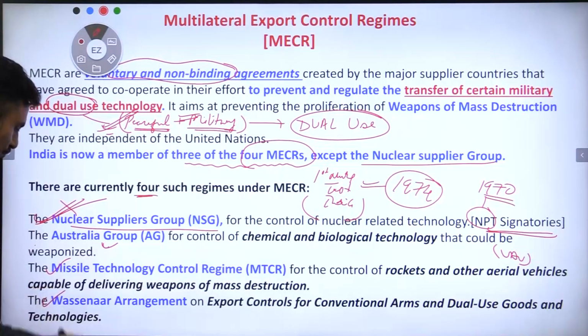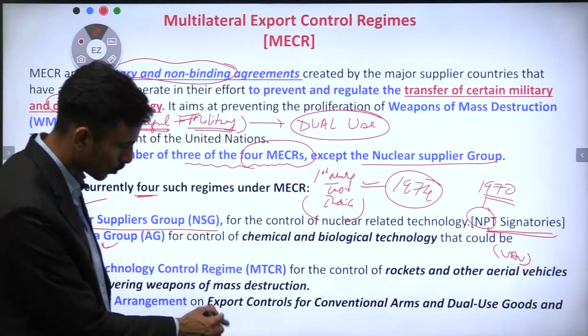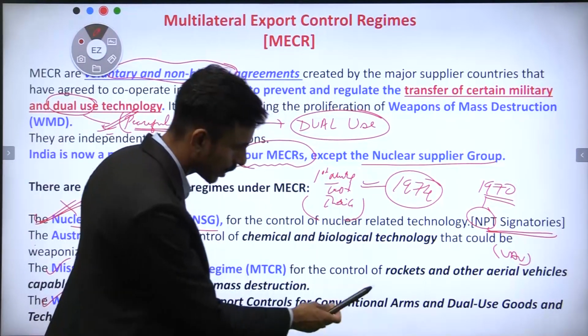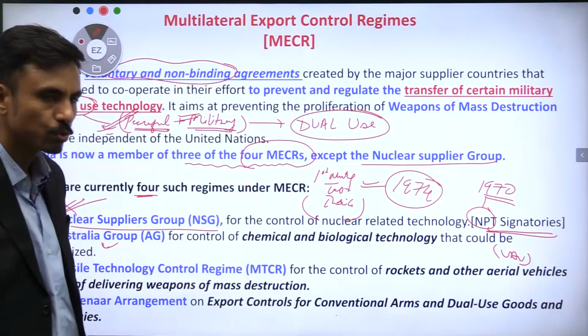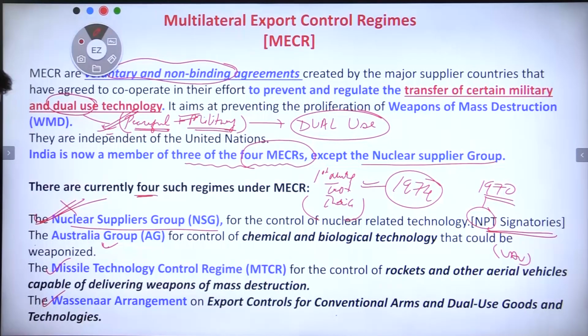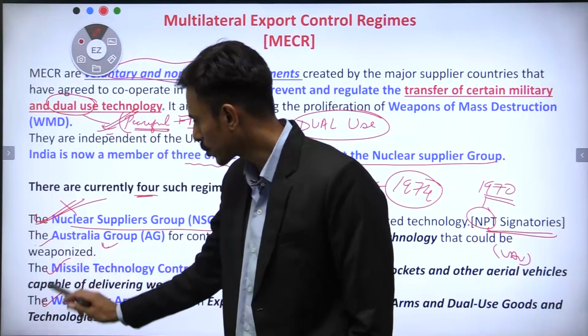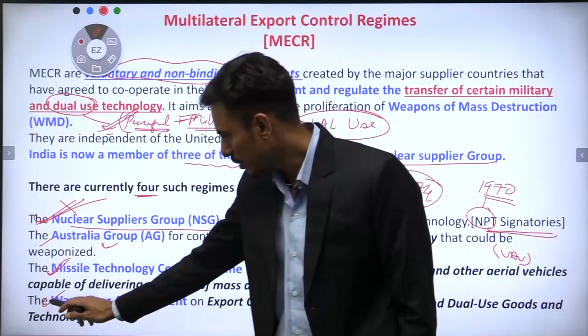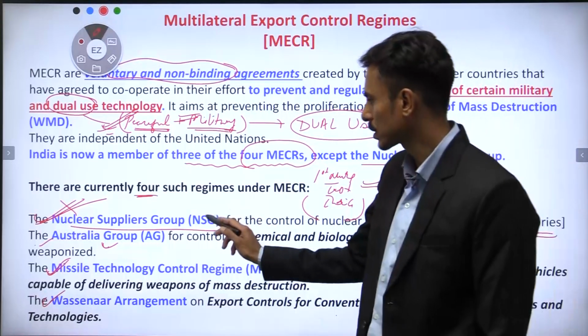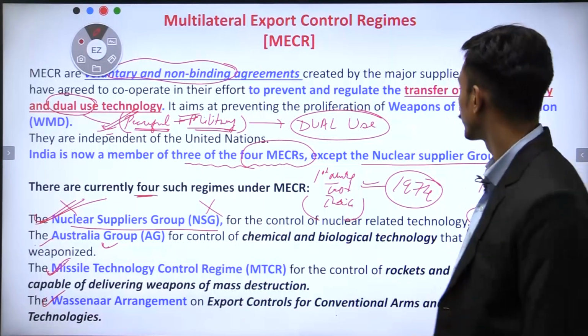India is also a member of the Wassenaar Arrangement on export controls for conventional arms and dual use goods and technologies, right? So as I said, India is a member of the Australia Group, MTCR, as well as the Wassenaar Arrangement. It is not yet a member of the NSG, right?